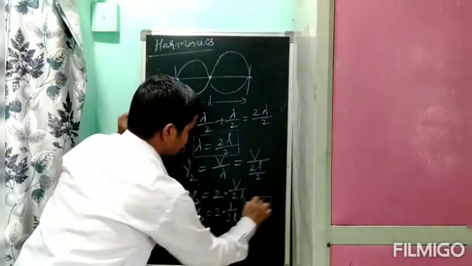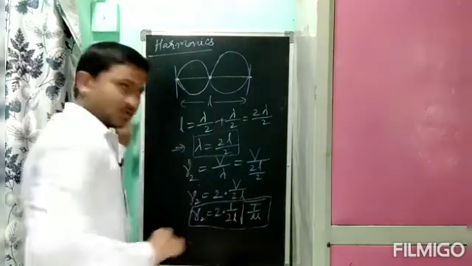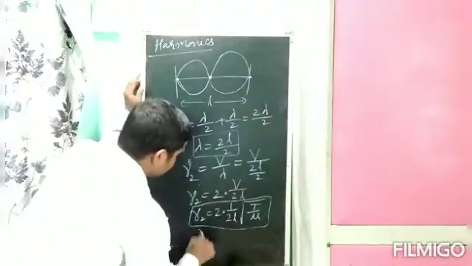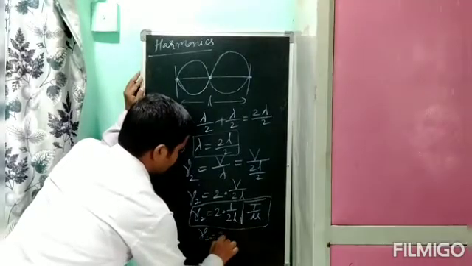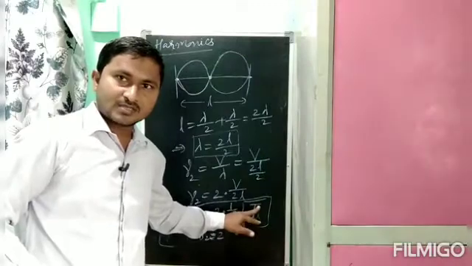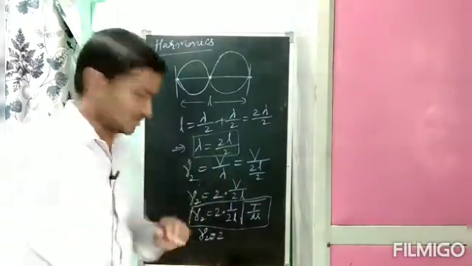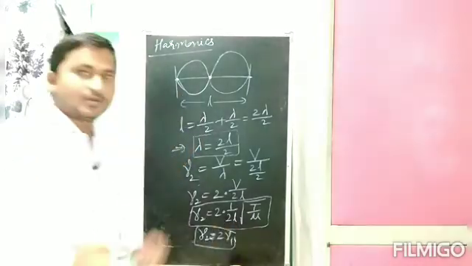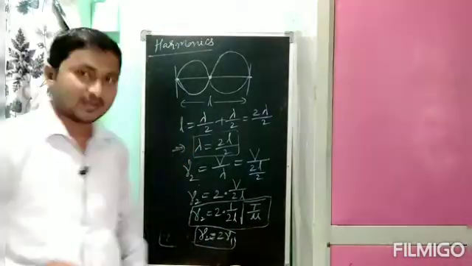This is the second harmonic or first overtone frequency. Again, 1 by 2L root of T by mu is the first harmonic frequency nu1. Therefore nu2 equals 2 nu1.